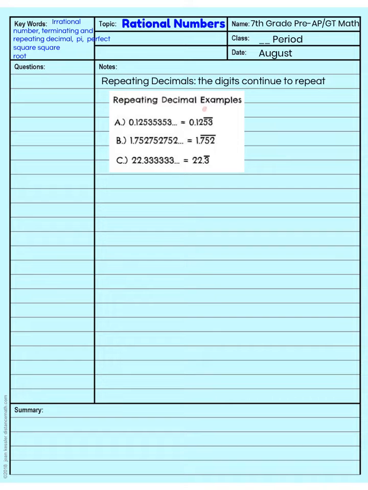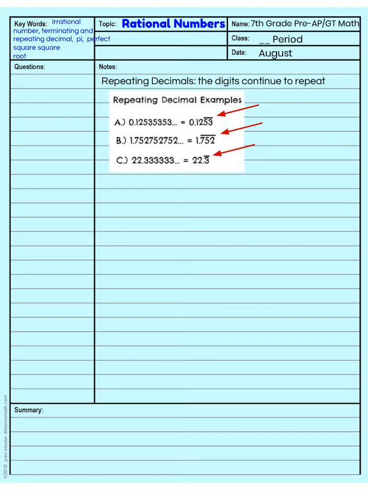Now, if you notice on all of these, we have this line over the numbers. Those lines just mean that the numbers under the line are going to be repeated over and over and over again.